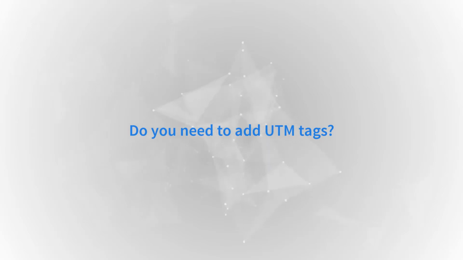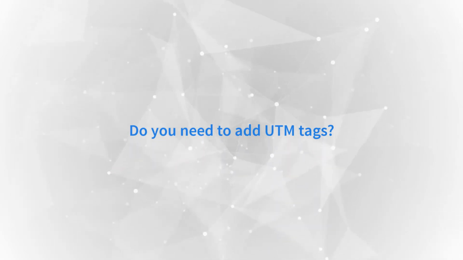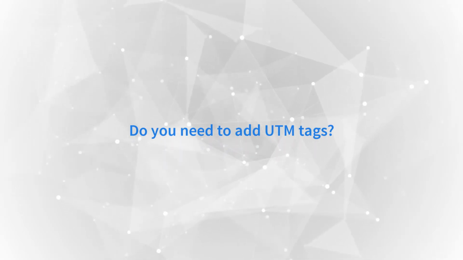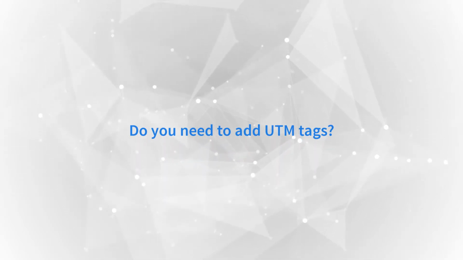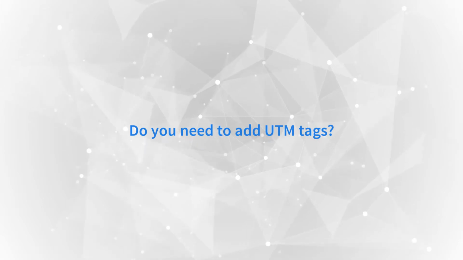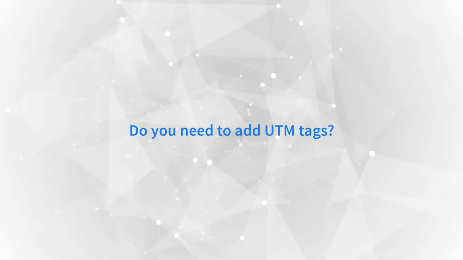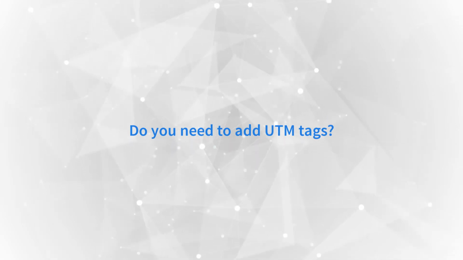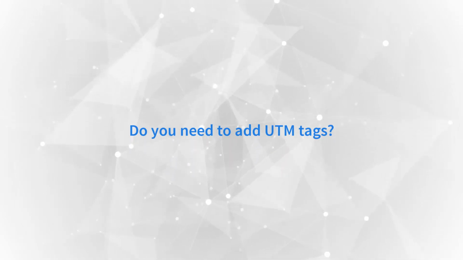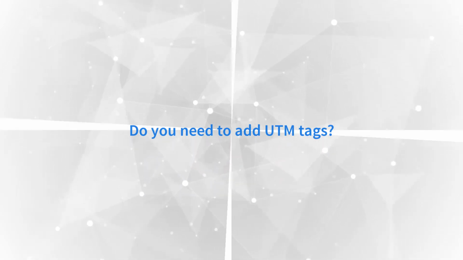But if you use a short link such as bit.ly, then you do want to add UTM tags. If you use a URL shortener, then in Google Analytics, that visit will show as direct traffic. You won't be able to identify which social network or acquisition source generated the visit. You will also want to include UTM tags for paid campaigns. This will help you dig deeper into the performance for each campaign.